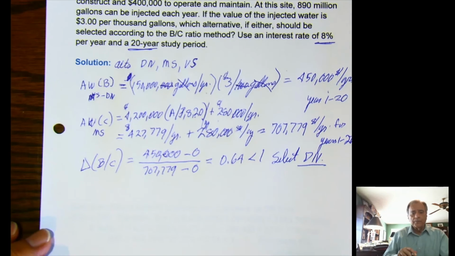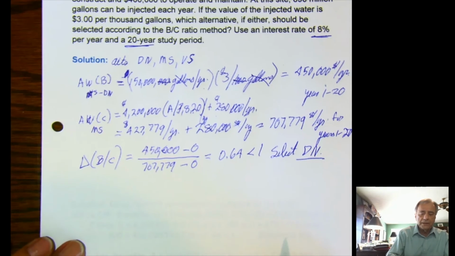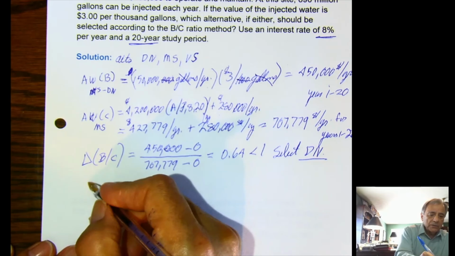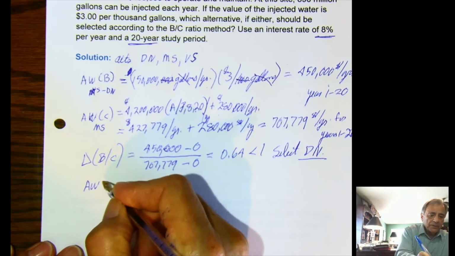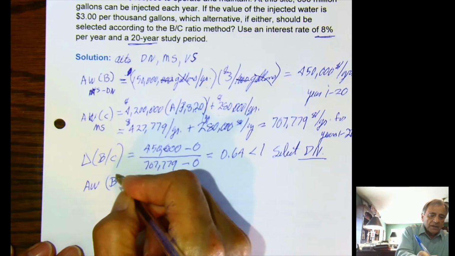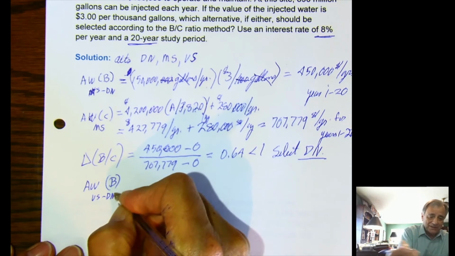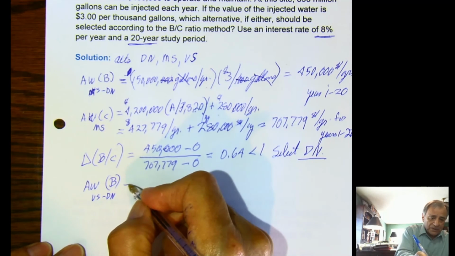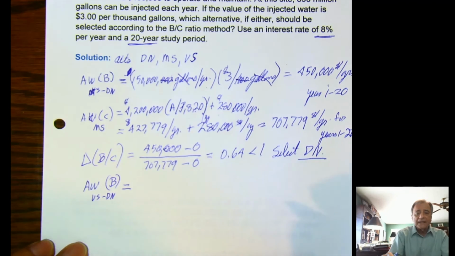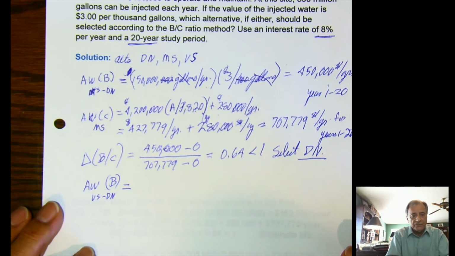So first I'm going to get the annual worth of the benefits of the valley site minus do nothing, which is just going to be zeros again. But so we're just going to look at the annual worth of the valley site benefits.